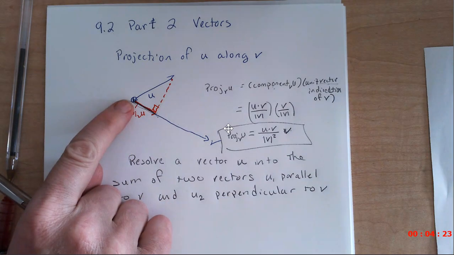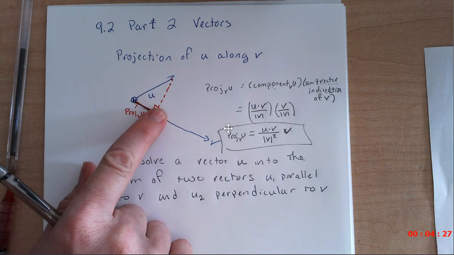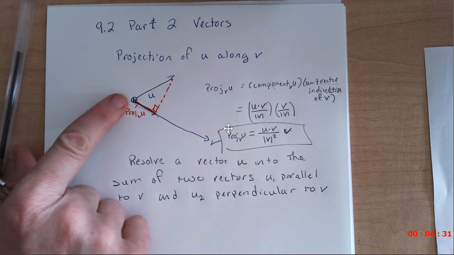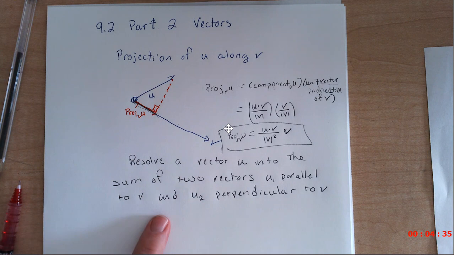So if you go back to the diagram, a component that's parallel and a component that's perpendicular. So just like when we have the x component and the y component, we're having an along v component and a perpendicular to v component.